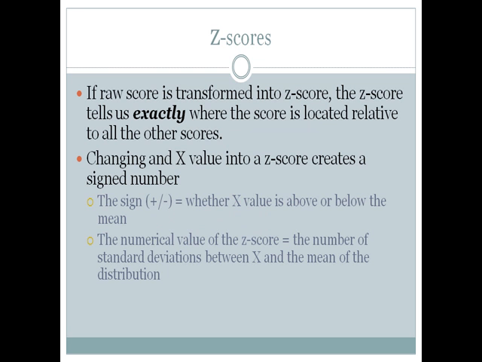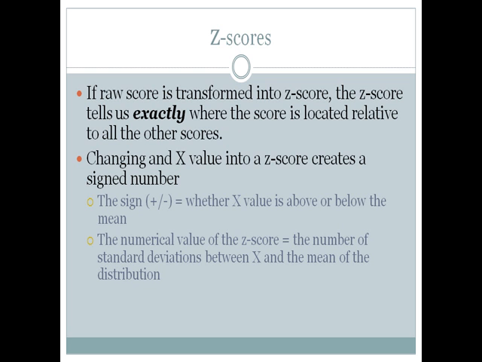A z-score of 0 corresponds to a score that is exactly equal to the mean, which will be important in later discussions. If a z-score is positive, that means the raw score it corresponds to is above the mean. A z-score that is negative means that the score is below the mean.